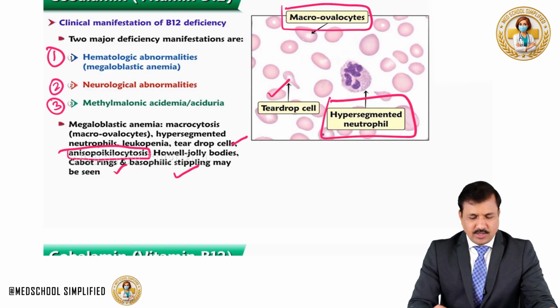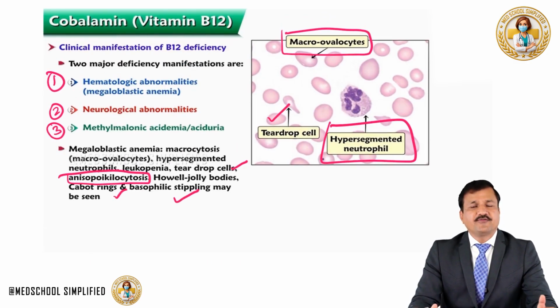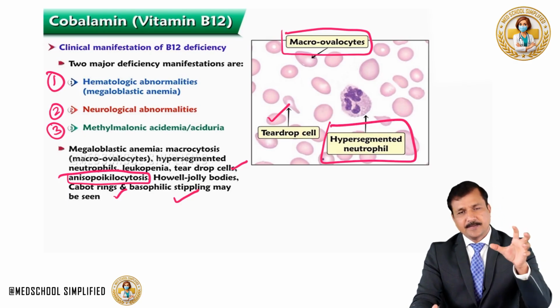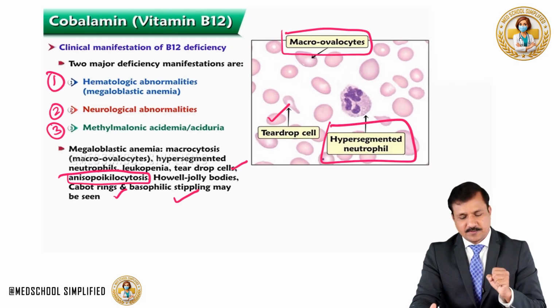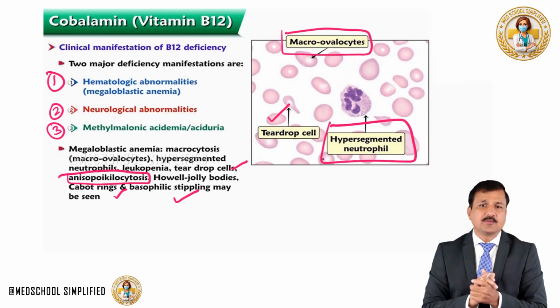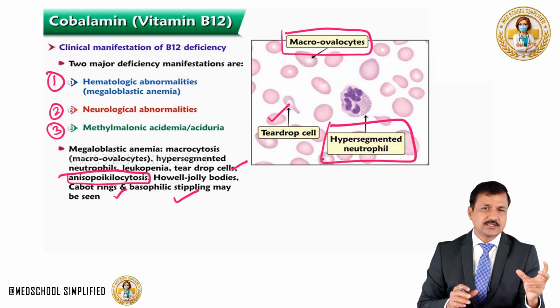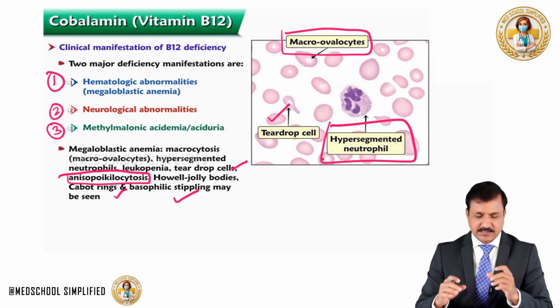Alright, so this is what we are going to see in the peripheral smear of megaloblastic anemia, where macro-ovalocytosis, teardrop cells, inclusion bodies, and anisopoikilocytosis, variation in the size and shape of red blood cells, are seen.